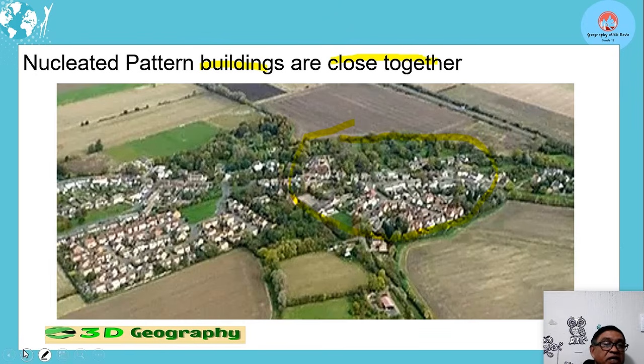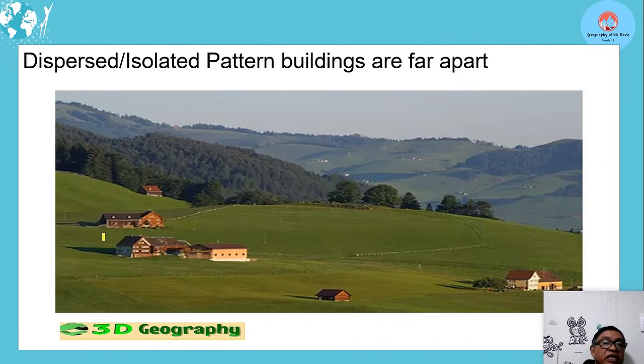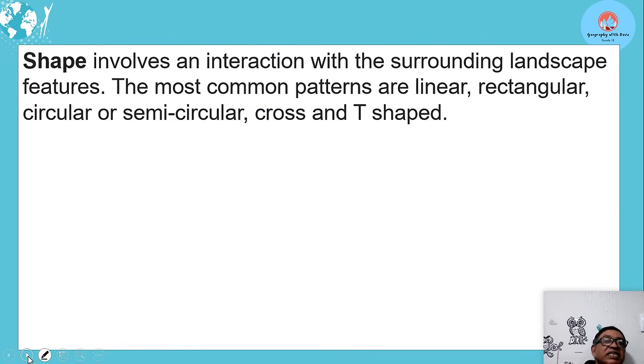Let's go to the next one, the dispersed or isolated pattern. Buildings are far apart. You can see the distance here between the buildings. They are far apart, so they are isolated or dispersed. That's your patterns.